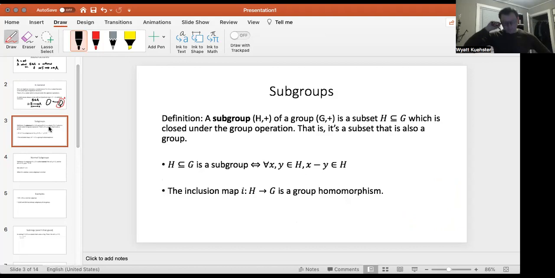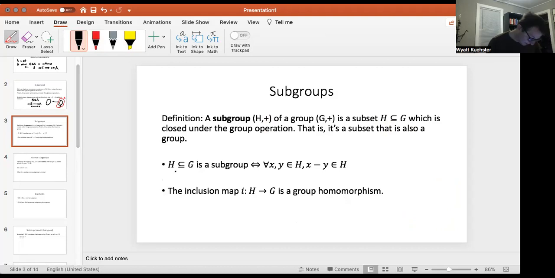So let's do some examples. Subgroups. A subgroup H of a group G, and I'm going to denote the operation by plus, is a subset H of G which is closed under the group operation. So in other words, it's also a group under the same operation as G has.